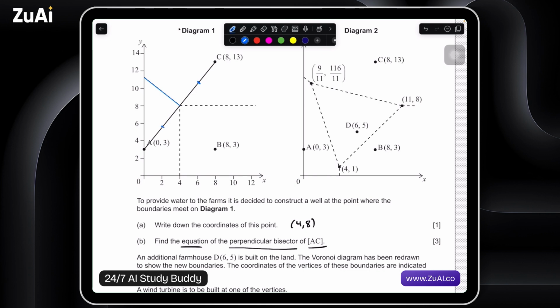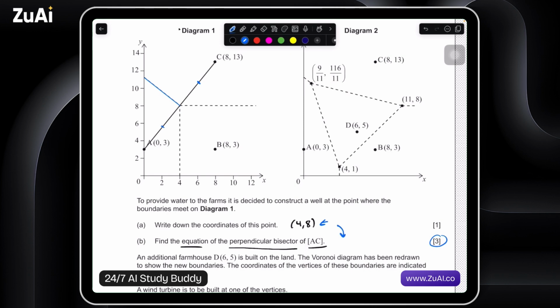So, perpendicular bisector of AC. It's a 3 mark question. Usually these are actually 4 mark questions, but I think it is possibly because we already have the midpoint here. So if this is a boundary point, we already have the midpoint, so maybe that's where one of the marks comes from.